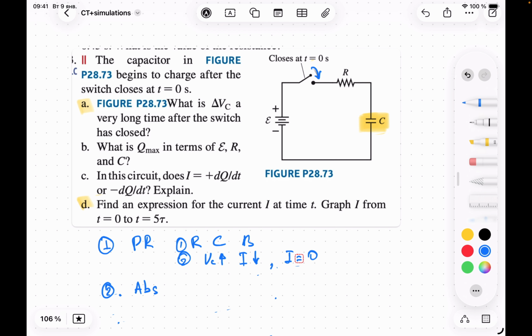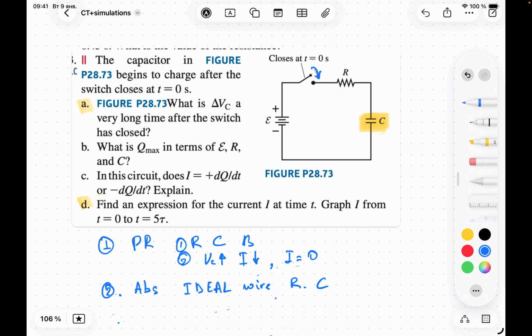The second module is abstraction. Abstraction means focusing on what is important and ignoring details that distract us. So in our problem, all of these elements are ideal: ideal wire, ideal resistance, ideal capacitor, and the room temperature doesn't change. As you know, temperature also affects a wire's resistance, but here it is all the ideal case.